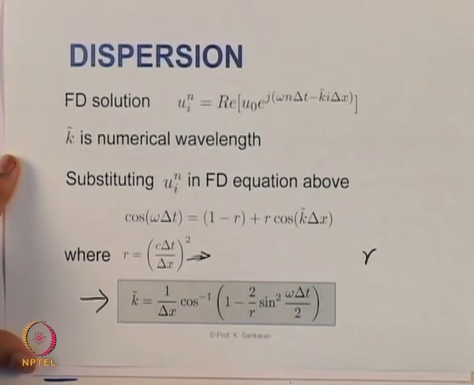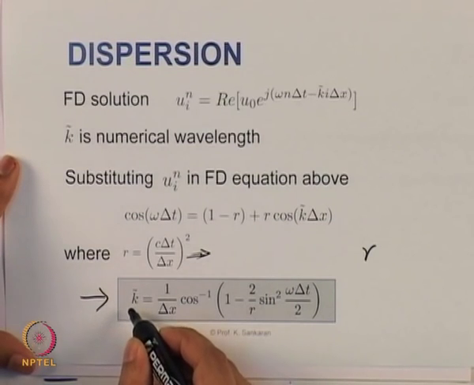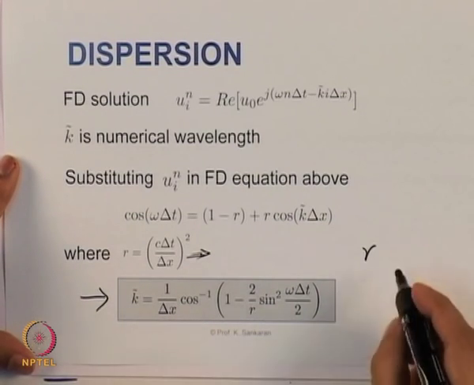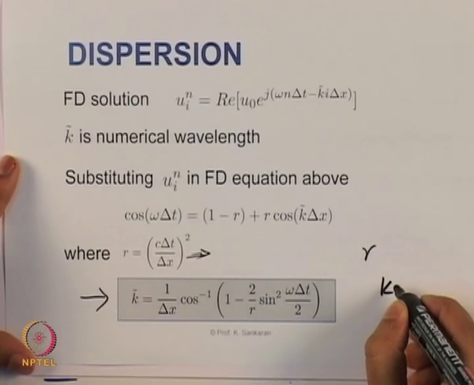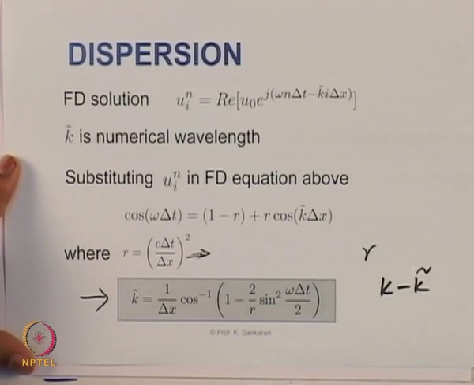So this is a very good starting step, because with this k tilde we can compare it with k that we already know. So we can compare k minus k tilde to get an understanding of what is the dispersion.